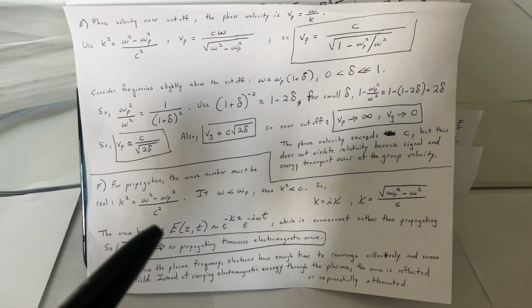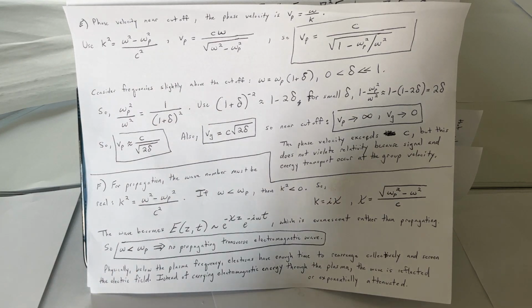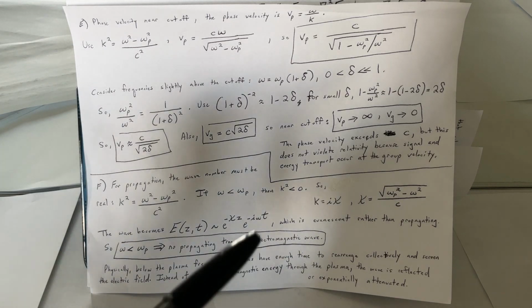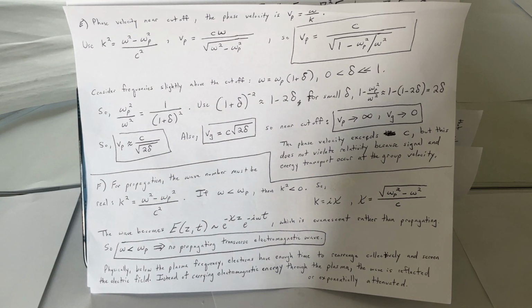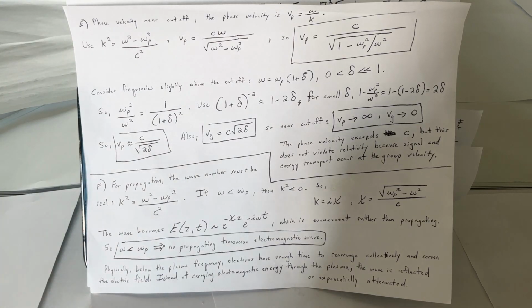The wave is going to become E of z comma t is approximately e to the negative kappa z, e to the negative i omega t, which is evanescent rather than propagating. So omega less than omega sub p implies no propagating transverse electromagnetic wave.